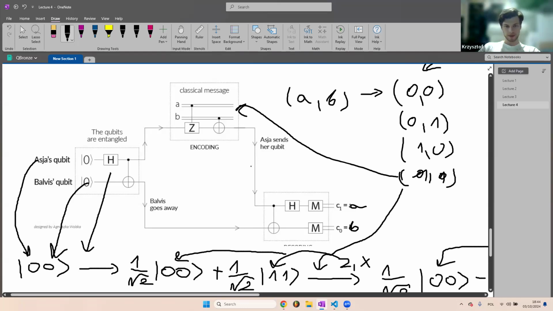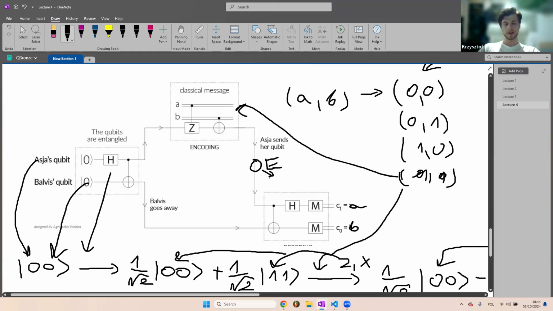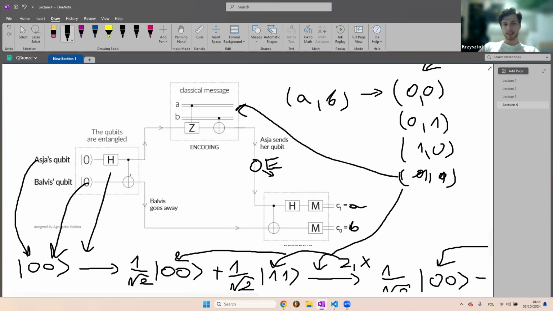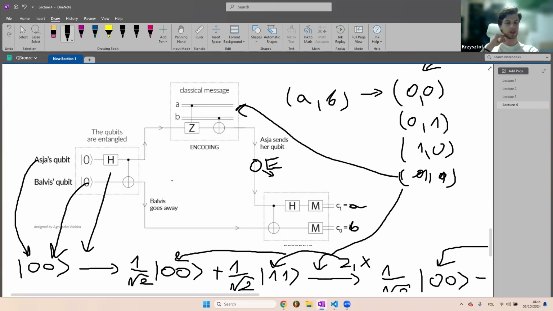So let's try now to think that we have an eavesdropper here that wants to take the message of Alice. But if the eavesdropper measures the qubit, they only have access to 1 bit of information, because the other bit is stored by Bob. But also, you can create a protocol, quite a different protocol rather than here, in which you are able to verify if someone is listening to your message or not.